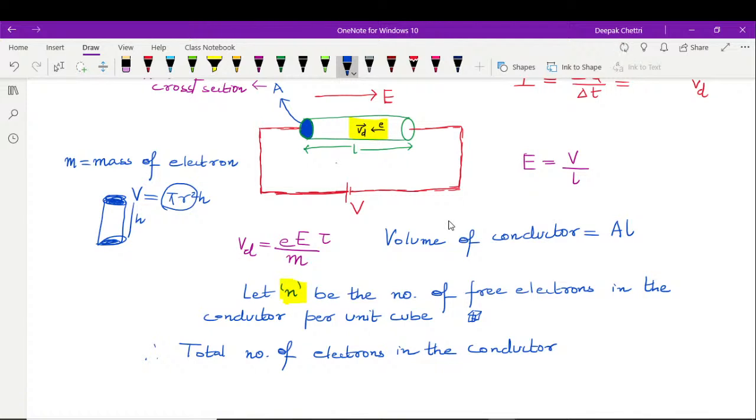If I want to find the total number of free electrons in this conductor, I will multiply the small n with the volume of this conductor. So that will be equal to n times A L. Is this portion clear to everyone? Any doubts till here? If you don't understand anything, just ask.